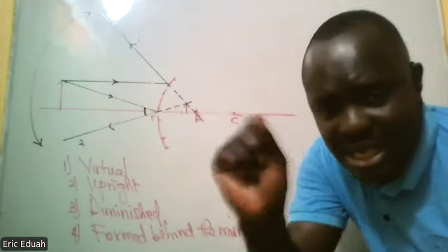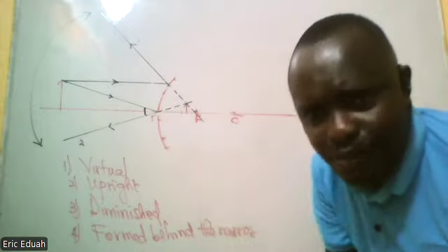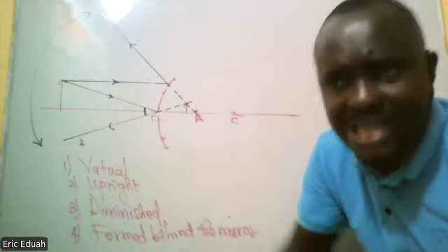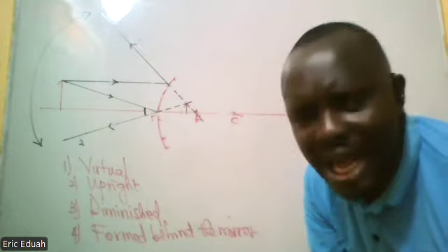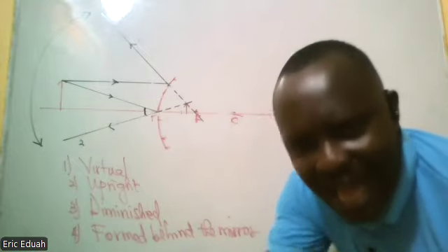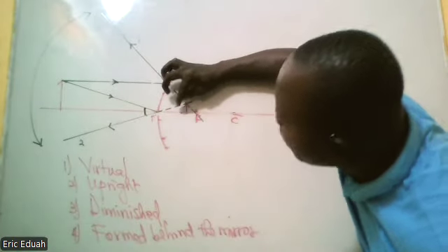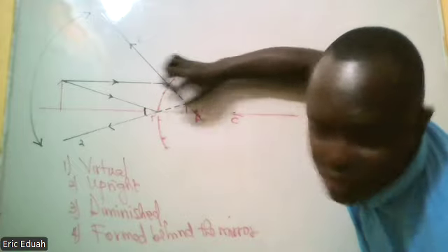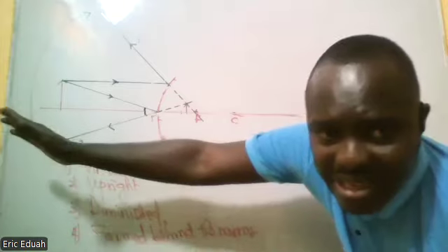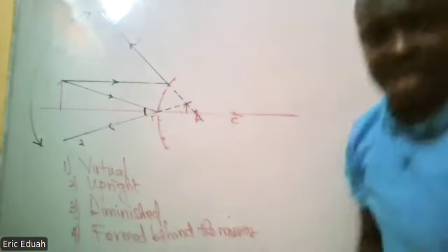Because the image is always formed between the pole and F, the image is always closer to the mirror than where the object actually is.